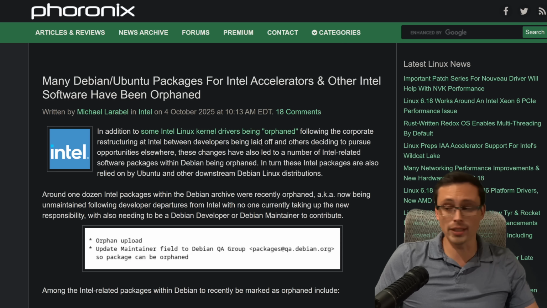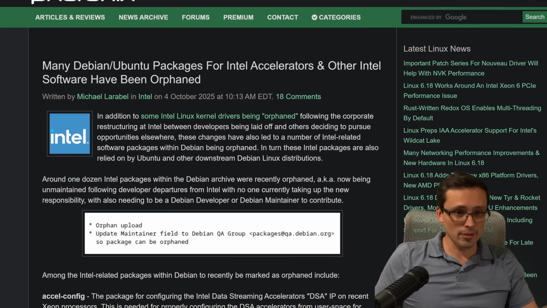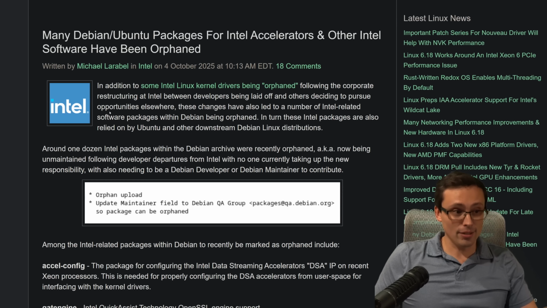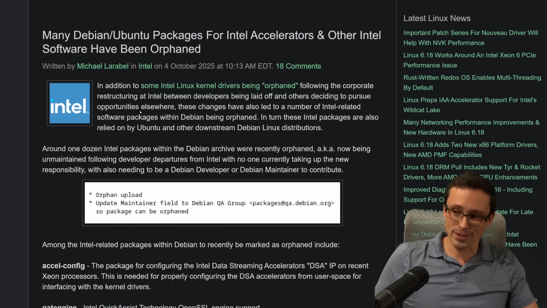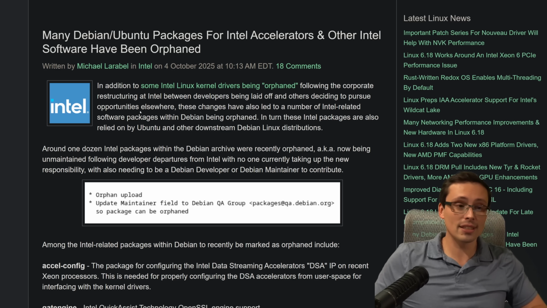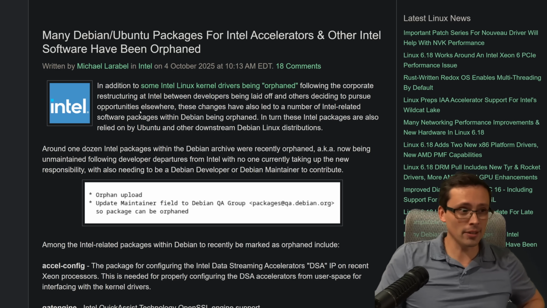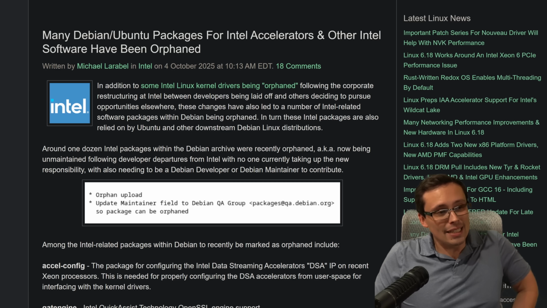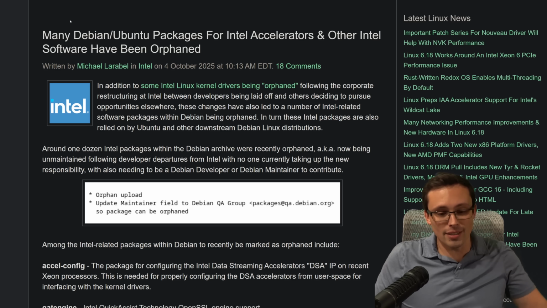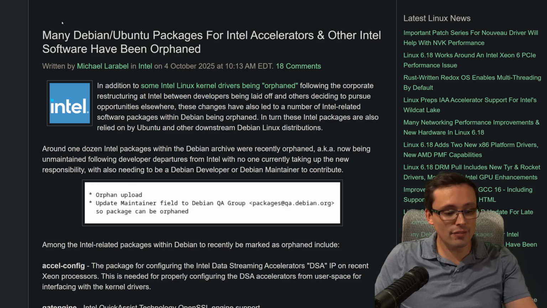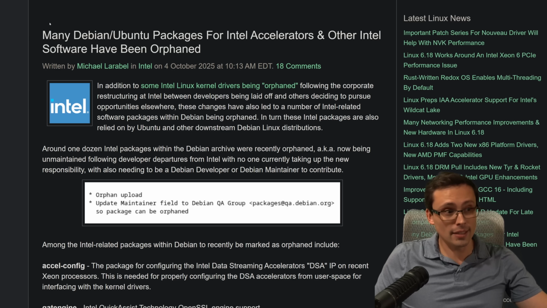So good. Now, in other news, regarding Intel, who has been having their struggles of late, including a bunch of layoffs and a lot of divisions being shut down, we're seeing that Debian and Ubuntu are starting to see some negative fall-offs from that.